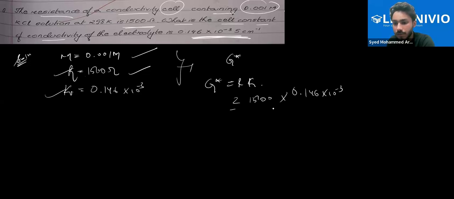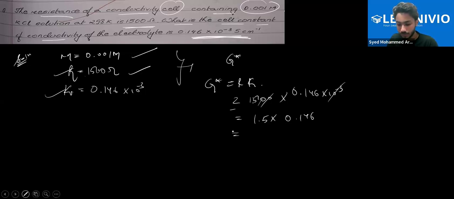That's it. This will be 1.5 multiplied by 0.146. If I just use my calculator to solve it, 1.5 into 0.146, so 0.129 is my G star.